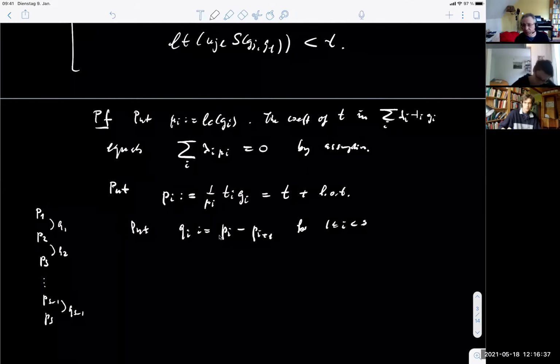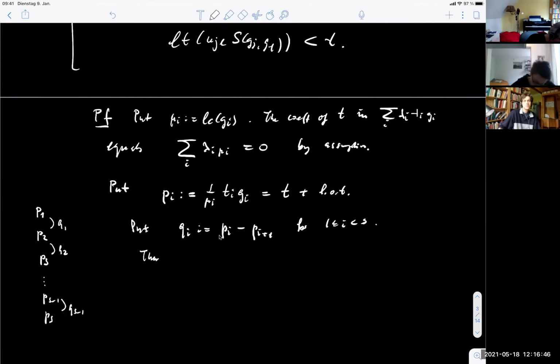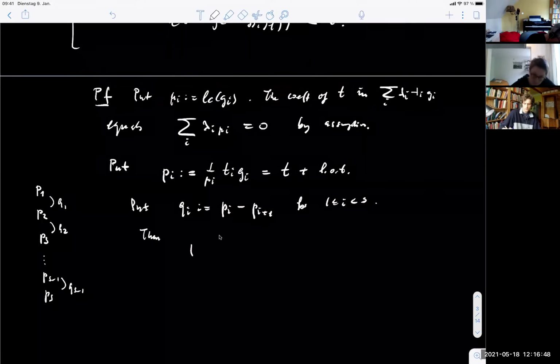Then it's very easy to see, probably clear from the picture, how I can reconstruct the P's from the Q's. I write it down.